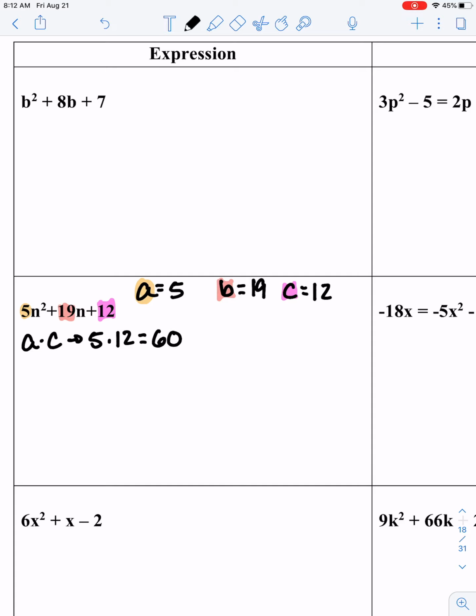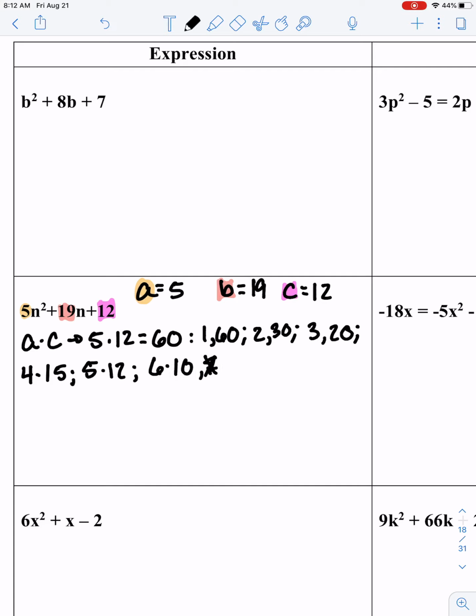Once I do this, I need to find all of the factors of 60. Okay, so I have 1 times 60, 2 times 30, 3 times 20, 4 times 15, 5 times 12, 6 times 10.